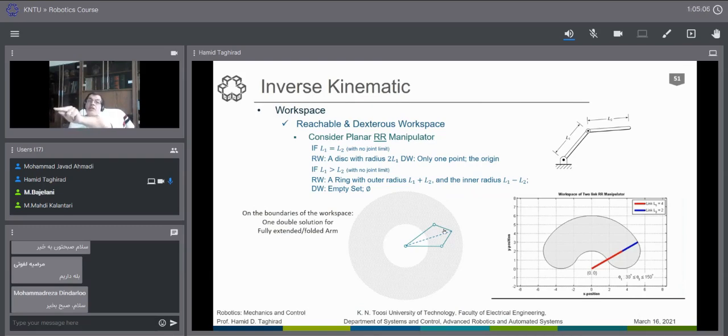At this position, I cannot go further out of the workspace. So this direction is forbidden, but the other direction is completely possible to move. I can go in this direction along the radius. So some directions of motion become impossible. This means that we cannot have velocity in that direction. And this is very interesting.